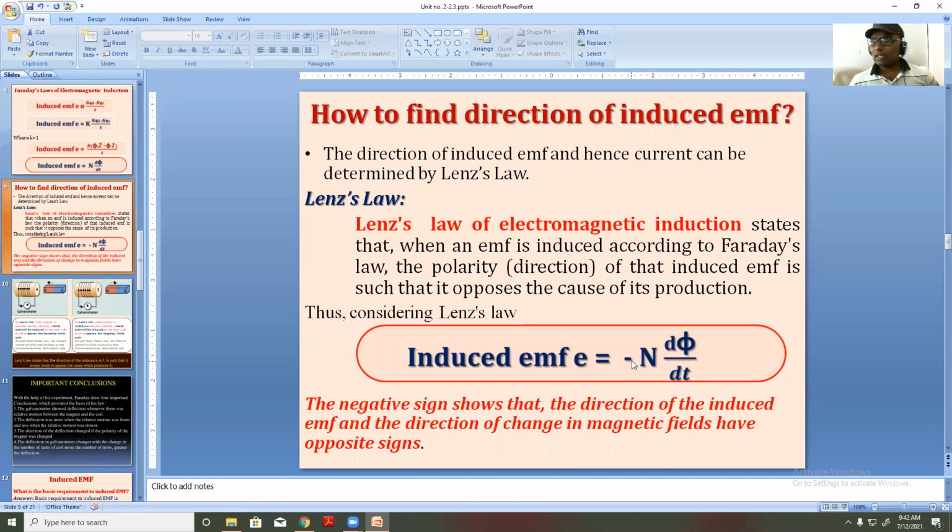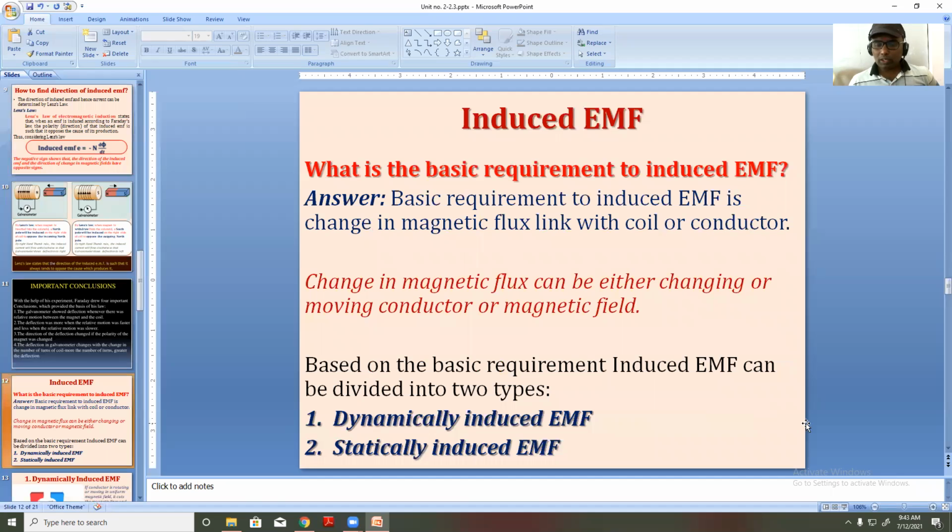This minus sign is nothing but Lenz's law. It simply indicates that the polarity of this induced EMF always opposes the cause producing it, and the main cause is a change in magnetic field. Now we will look more closely at induced EMF.